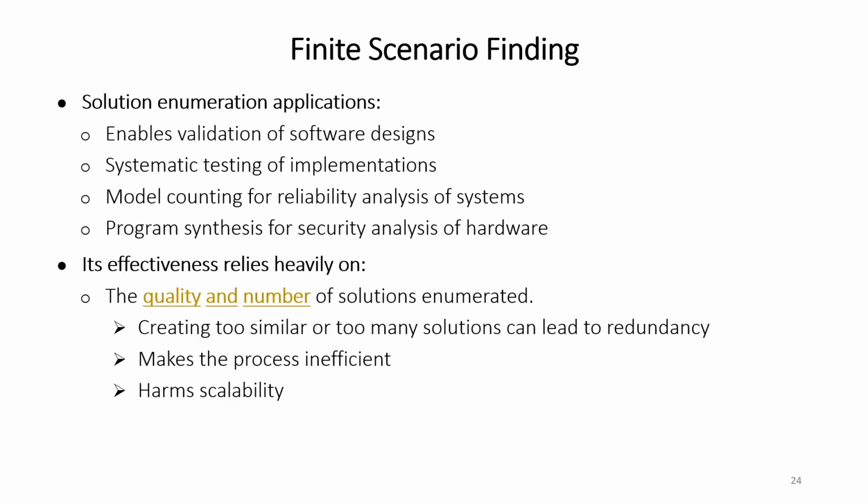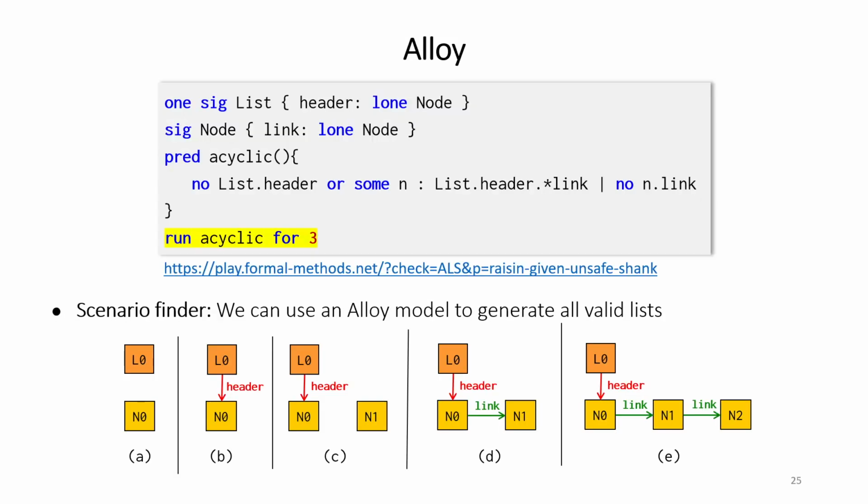Too many similar ones might lead to redundancy, which we do not want. So we have to figure out a way to control this. One way that is already implemented in Alloy is symmetry breaking. Solutions that are different only based on some variables, but basically look the same, it tries to automatically remove.